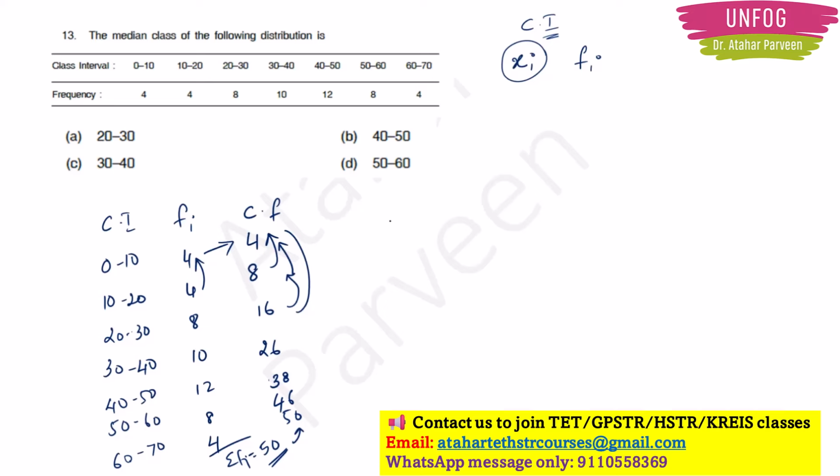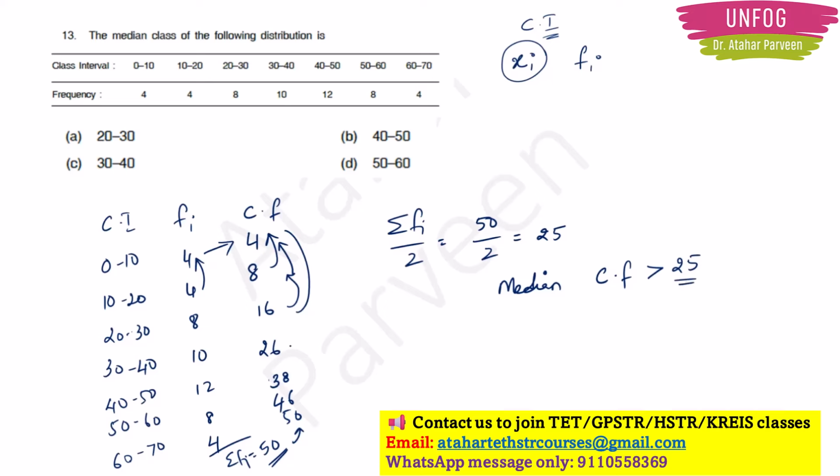Now you find summation fi by 2. Summation fi by 2 is 50 by 2. This will give us 25. Now what will be the median? Median will be the number corresponding to the cumulative frequency which is just greater than 25.